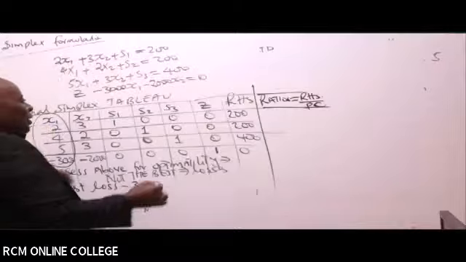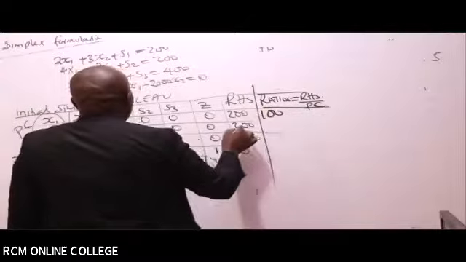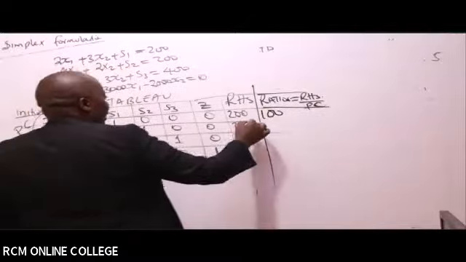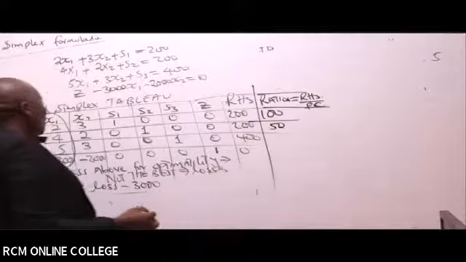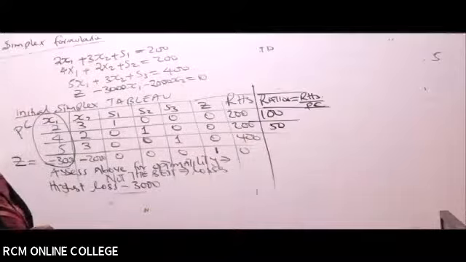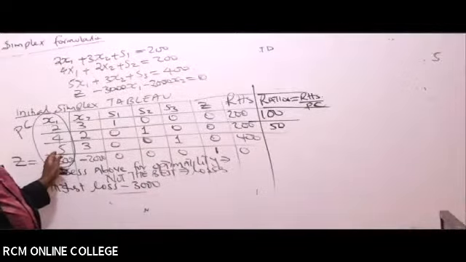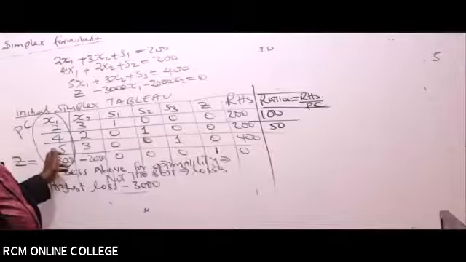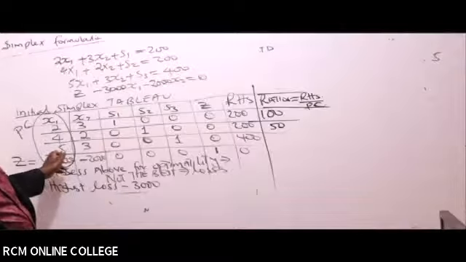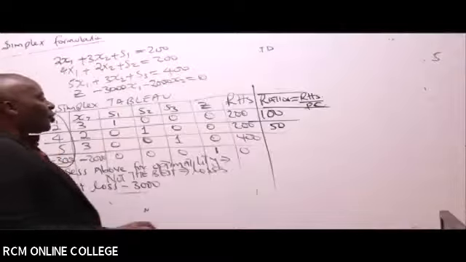So 200 divided by 2 gives me 100. 200 divided by 4 gives me 50. And then we have 400 divided by 5, which gives me 80, isn't it? Thank you so much.